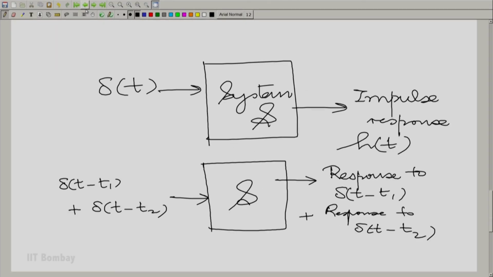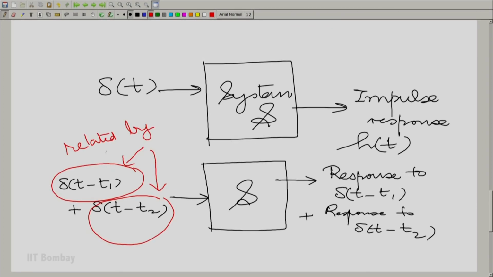Finally, I am going to bring in shift invariance. So, if I shift the impulse, so I have delta t minus t1 and delta t minus t2. Let us go back to the previous drawing that we had. So, here when I wrote down delta t minus t1 and delta t minus t2 as I have done here, these two are related by a shift.